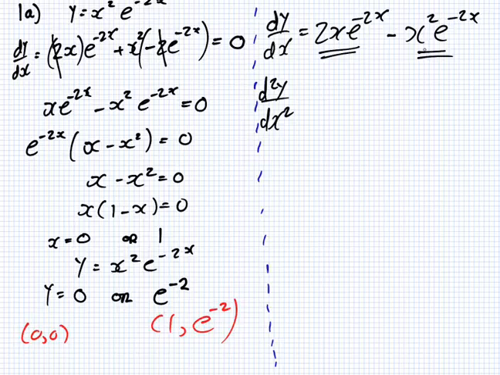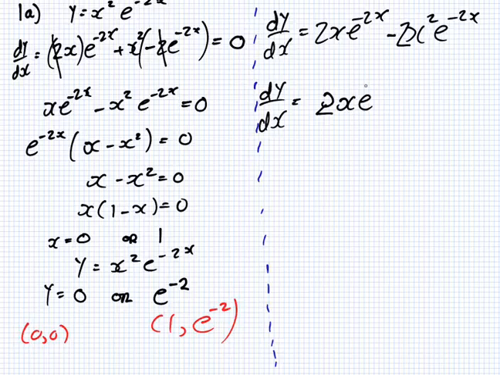I feel like this might be a little bit easier if I clean it up a bit first. I can take out, sorry, there's 2 here as well. I can take out 2x e^(-2x), I don't think I can make this much easier.